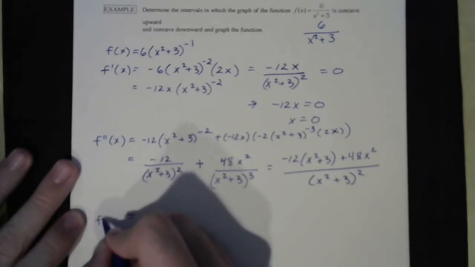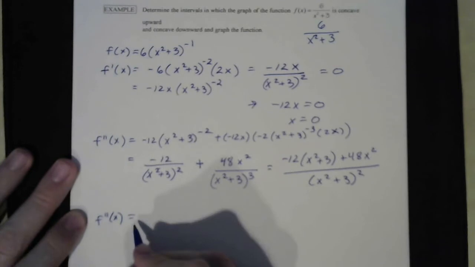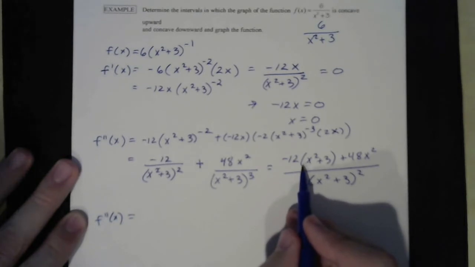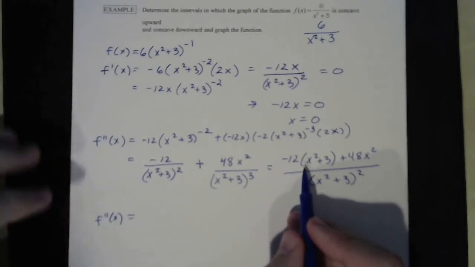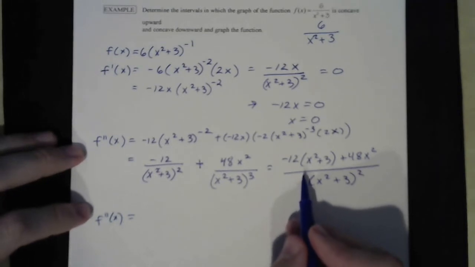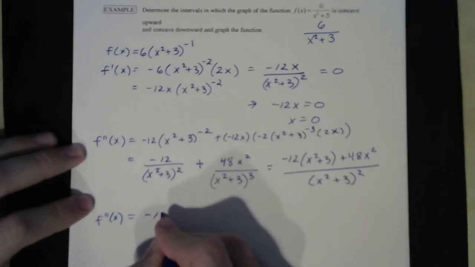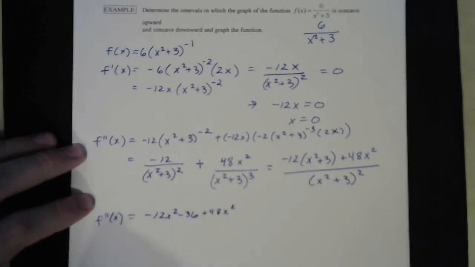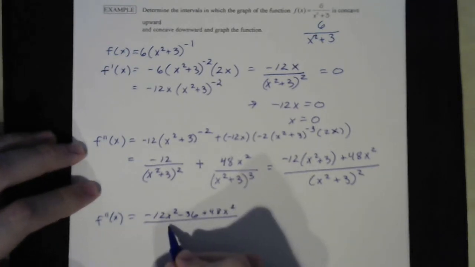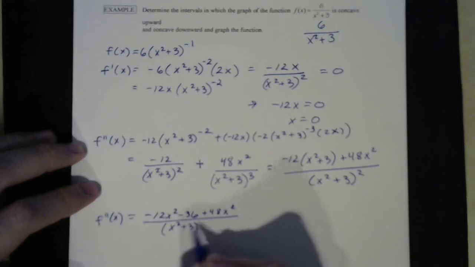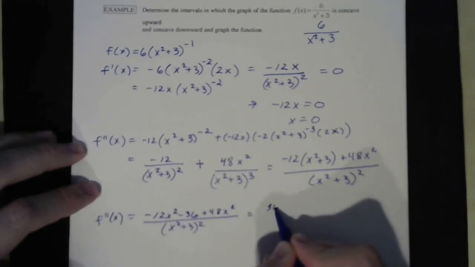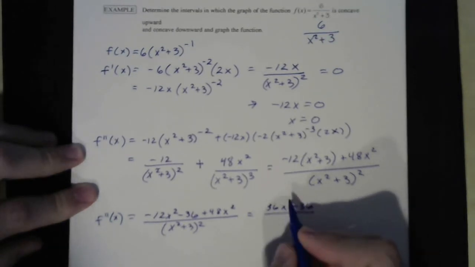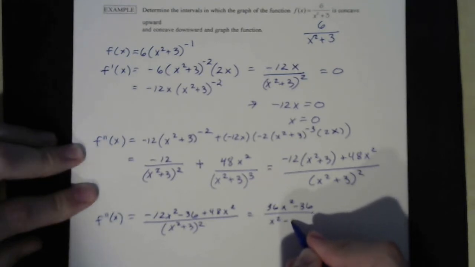And then we'll just simplify a little bit here, f double prime of x. And we have negative 12x squared minus 36 plus 48x squared all over x squared plus 3 squared, or 36x squared minus 36 over x squared plus 3.